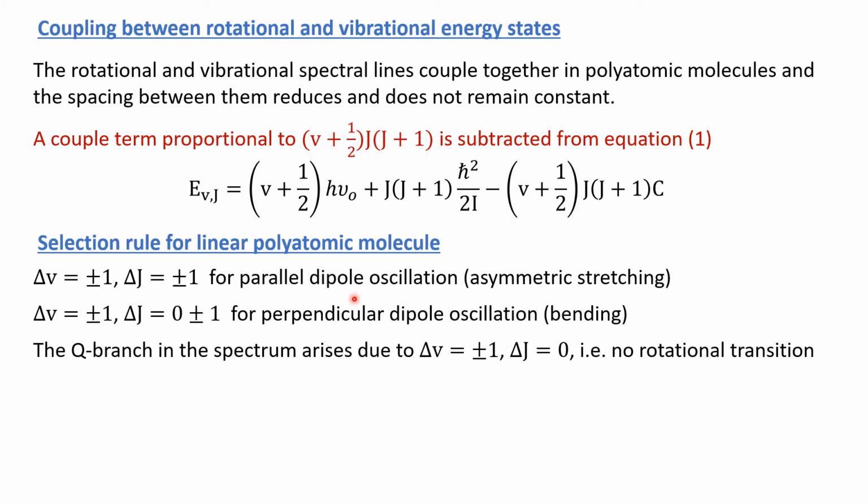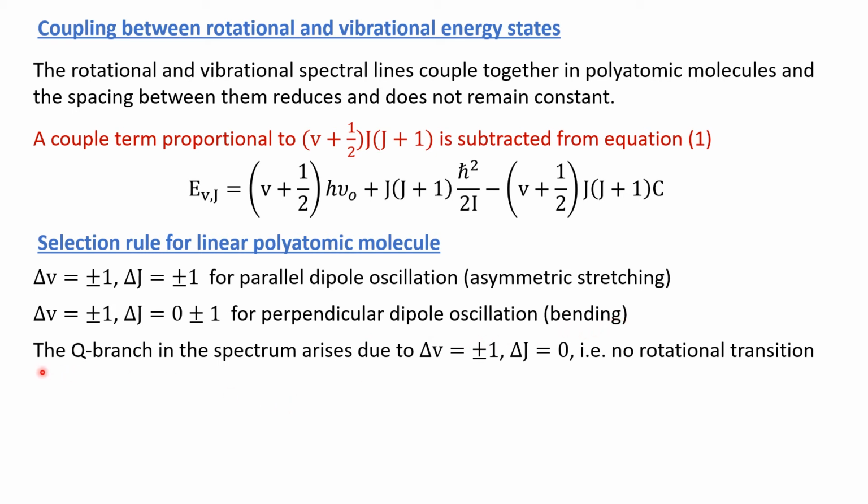That is why there is no spectrum associated with the symmetric stretching; only the asymmetric stretching gives rise to the oscillation of the dipole parallel to the bond axis, which gives rise to the spectra. That is why we have selection rules for the parallel dipole oscillation, which is associated with the asymmetric stretching. Similarly, we have different selection rules for the perpendicular dipole oscillation, which is associated with the bending.